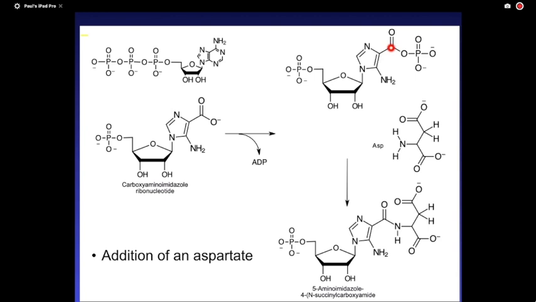And so if I attack here, this now becomes a good leaving group. And so what we are going to add to this ring system is a nitrogen. And we are going to get the nitrogen from aspartic acid, and we're going to take the nitrogen from the N-terminus.